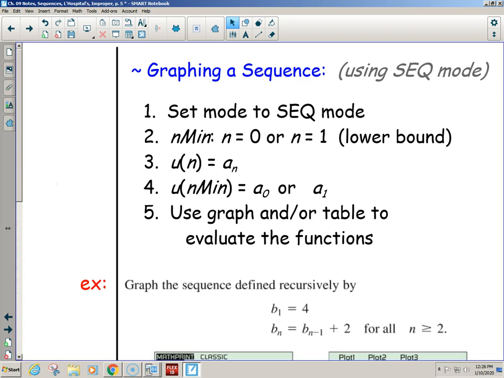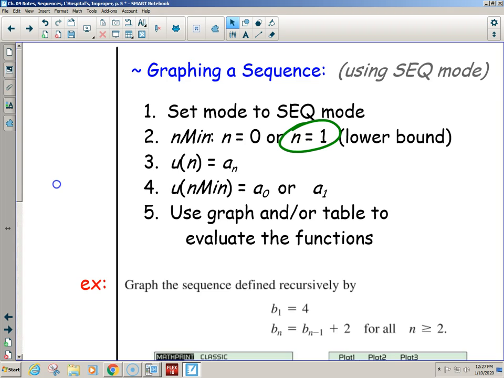Usually for our purposes, at least right now, most of them are starting at 1. When we've been talking about a sub n, the nth term, our calculator would call that u of n, using function notation to be that subscript notation for the nth term.